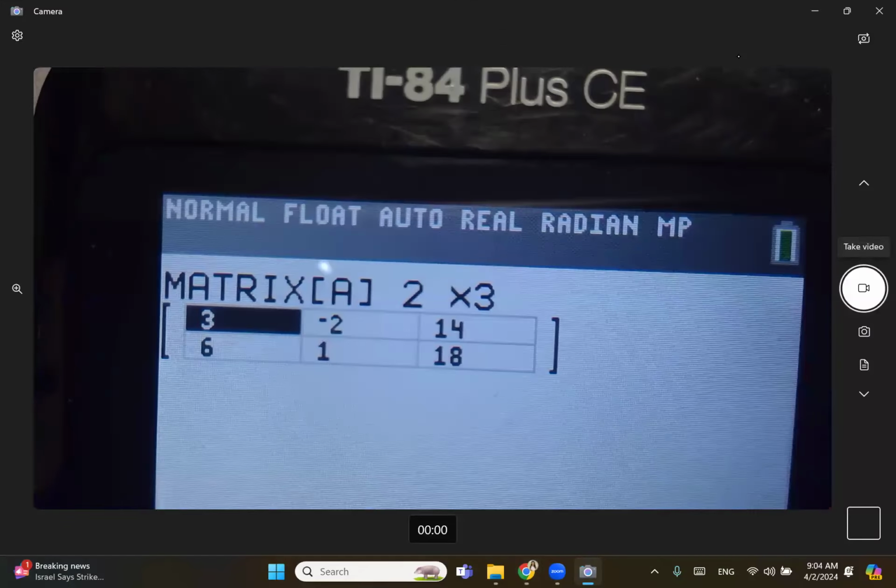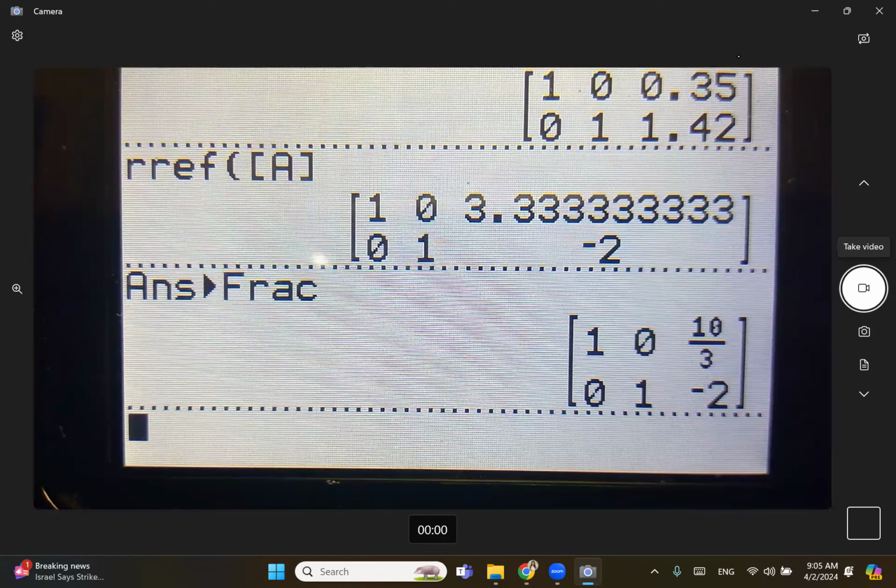The good thing about this one is you can press math enter enter and it will change them back to fractions. With matrix, you can press math enter enter. Oh, and it'll change it back to fractions. All your numbers should have been positive. Did you forget the negative on the 2?